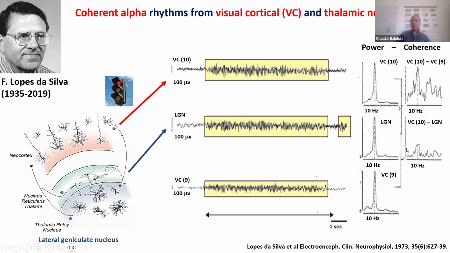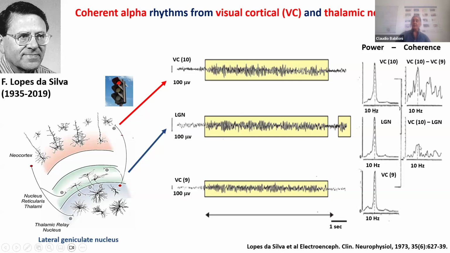In the middle, you have a graph showing the spectral coherence of local field potentials recorded from visual cortex electrode 10 and an electrode in the lateral geniculate nucleus of the visual thalamus. And you see again that there is a lower but substantial peak of spectral coherence at 10 Hz.